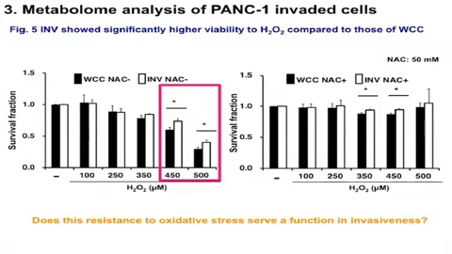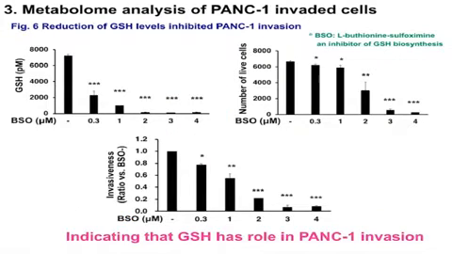Interestingly, consistent with these findings, Piskounova et al. also reported in Nature in 2015 that metastatic melanoma cells showed lower values for the ratio of GSH to GSSG.